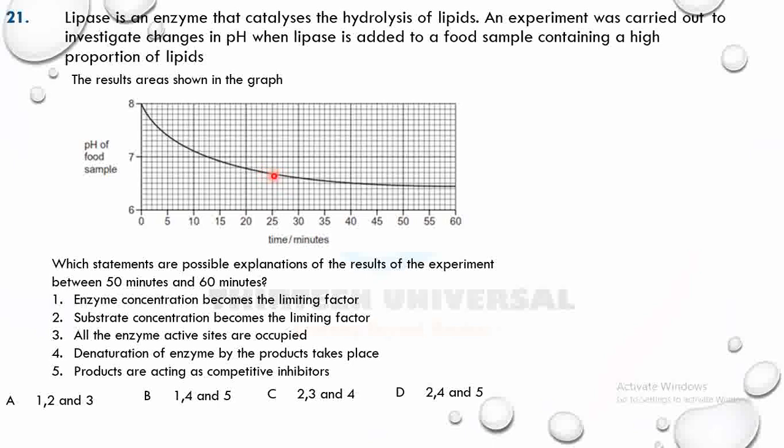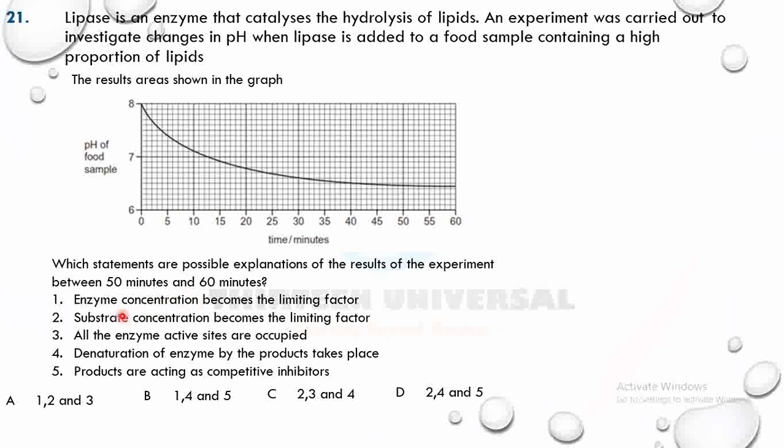Now enzyme is not the limiting factor, because the substrate, which is the lipid, is not increasing. Substrate concentration is decreasing. Enzymes are breaking them down, and we're not supplying more substrate. So you can see enzyme concentration cannot be the limiting factor.